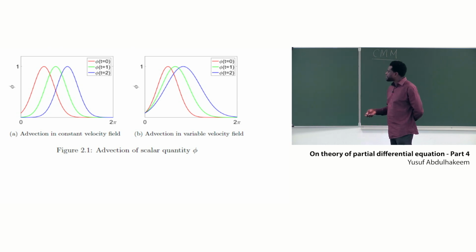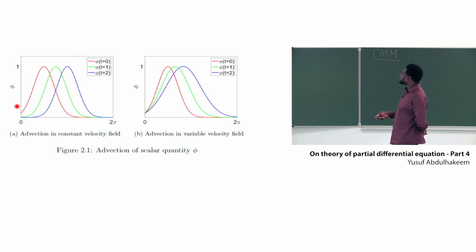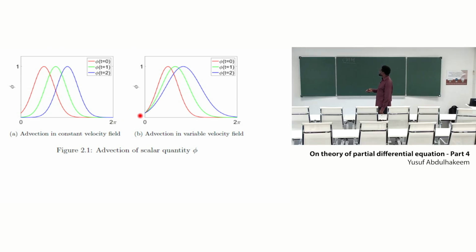So we can see here the graph showing advection with constant velocity. Supposing we are advecting a quantity, maybe mass, at a constant velocity, this is the graph. And here, if the velocity is not constant, supposing it depends on some space variable, say x, we can see the curves emerge from the same point, but there is a kind of drag in the movement because the velocity is not constant.